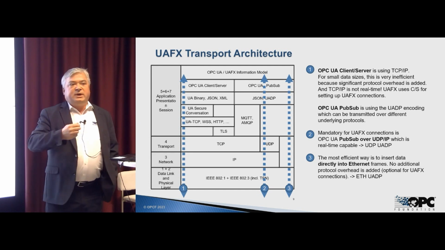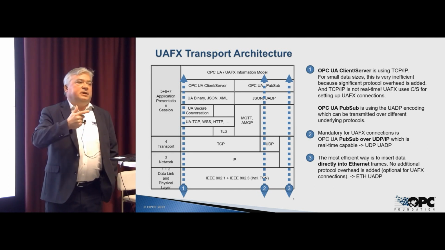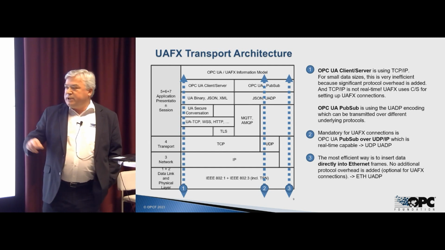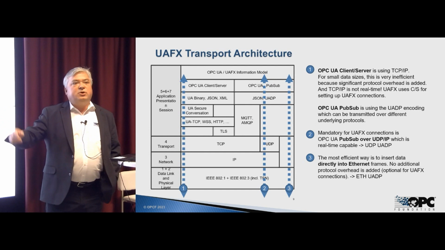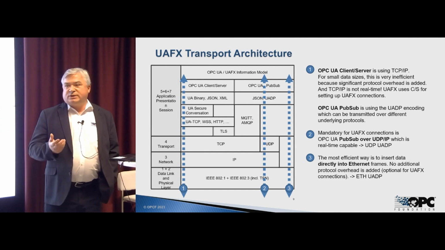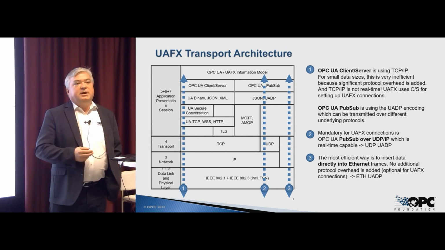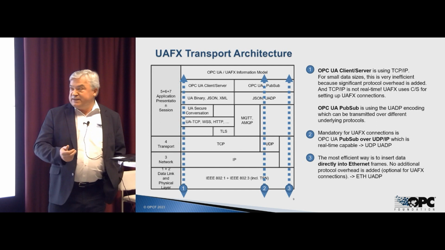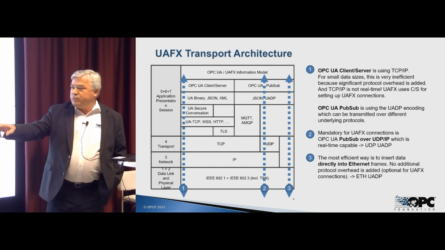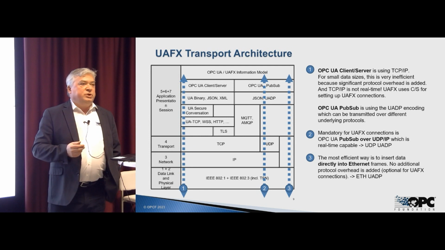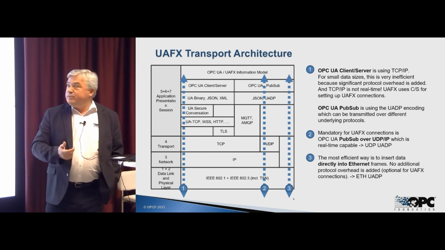Because TCP/IP has a large overhead and it's not, let's say, real-time capable, we only use in FX the client server to initially set up connections that are then using PubSub. So this is just for the initialization or for the preparation phase. After that, we switch over to PubSub communication, which is much more efficient, more flexible.